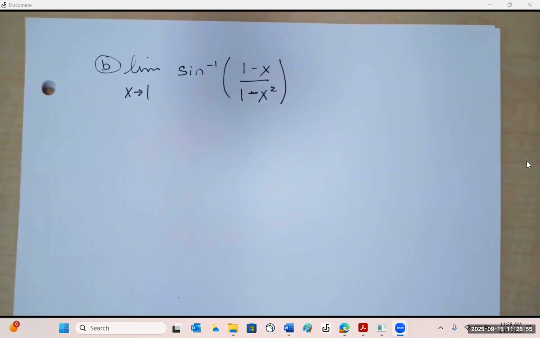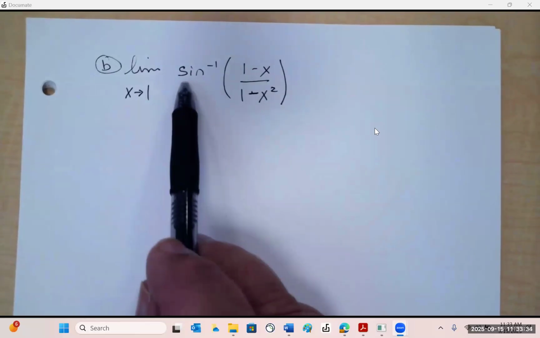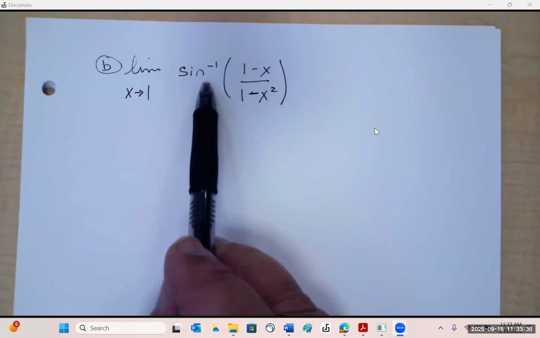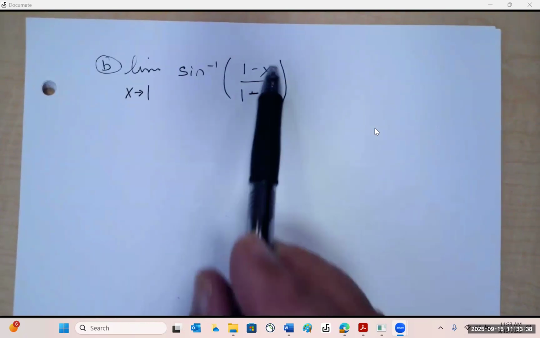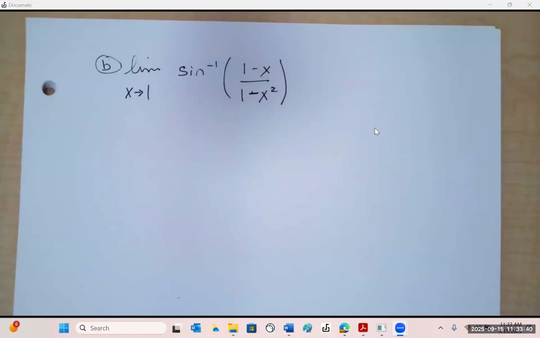Let me put this on pause, see how well y'all do. This is a composite function. Yes, that's the first thing you have to do, because if it's not a composite function, then we don't have to worry about theorem 10. But it is a composite function because our outside function is the inverse of sine, and the inside function is that. Are they both continuous?